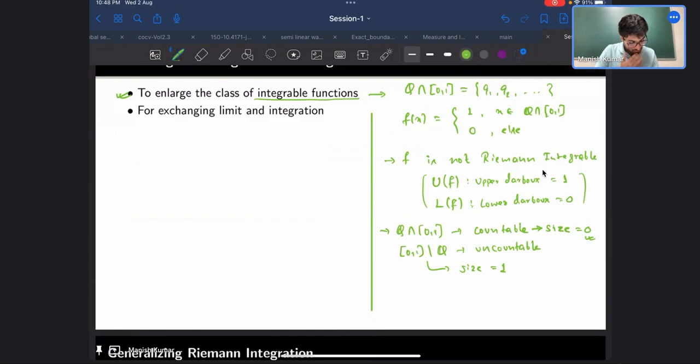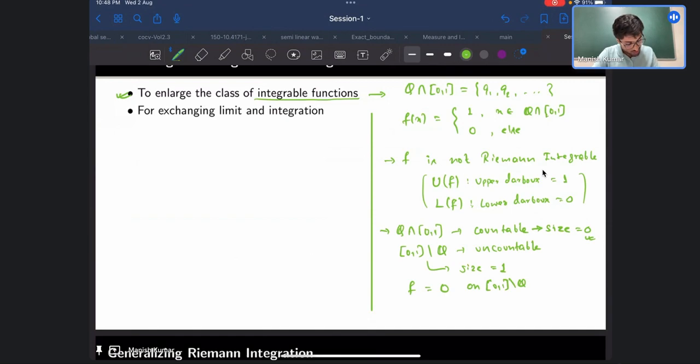Okay, so this means basically that the function f is actually 0 on this set [0, 1] minus Q, and you know that this is the set which is carrying all the size. The other set, which is Q intersection [0, 1], is of measure 0, so that is not playing any role if you want to talk about the integral.